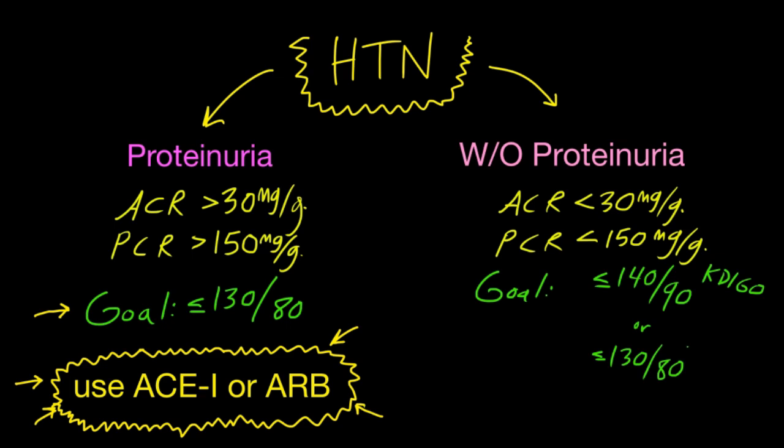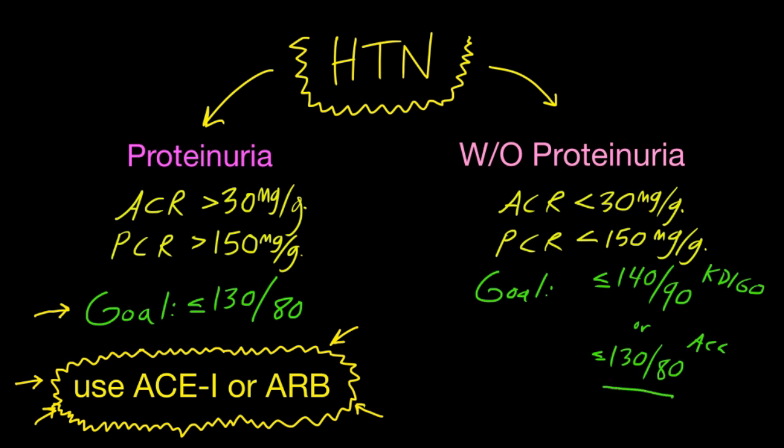But recent American College of Cardiology joint guidelines in the year 2017 suggested that a patient with CKD, as they have higher risk for cardiovascular disease and bad cardiovascular outcomes, should start treatment when the blood pressure is above 130 over 80, to try and get it to less than or equal to 130 over 80.